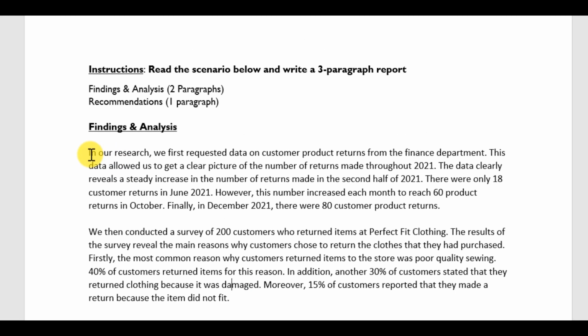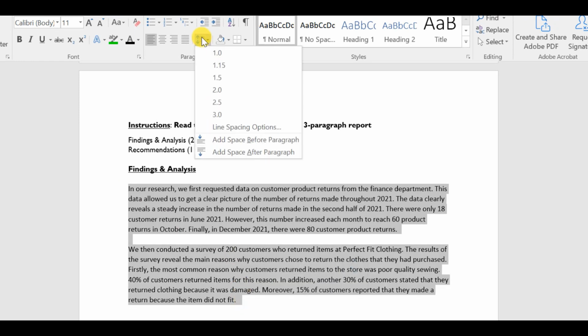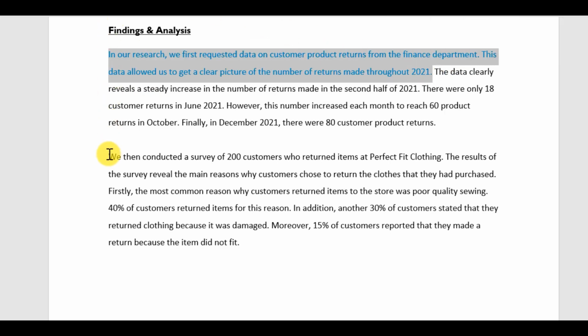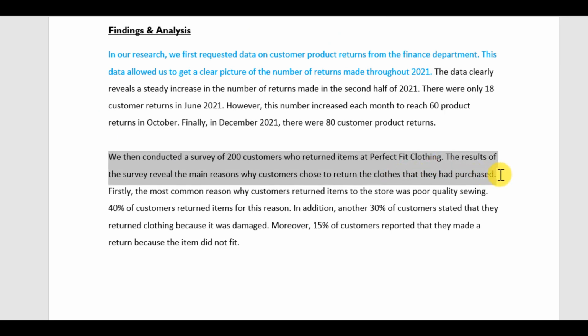Full stop. And now we have two clear paragraphs, our findings and analysis section. Please read the paragraphs carefully and think about how they are put together. The sentence structure, the transitional devices, and how they follow the guiding questions that we have discussed. The first couple of sentences in each paragraph, and I'll put those in blue, what research did you do?